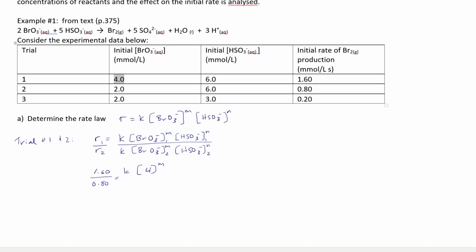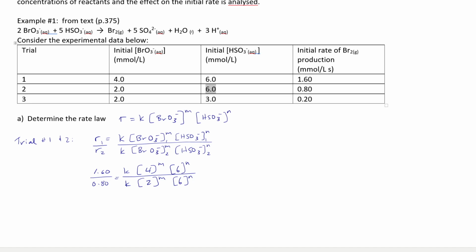The concentration of bisulfite is 6 raised to the exponent n. Then I look at trial 2: K value again. Bromate concentration here is 2 raised to the power of m, and bisulfite concentration is 6 raised to the power of n.